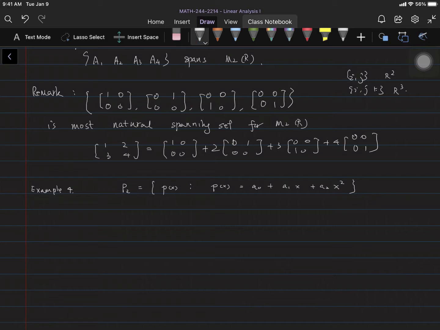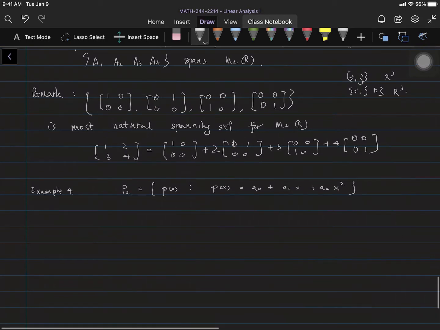Now let's take a look at what the spanning set is for this one. We can see for any vector in this P2, that means any polynomial is a linear combination of what?